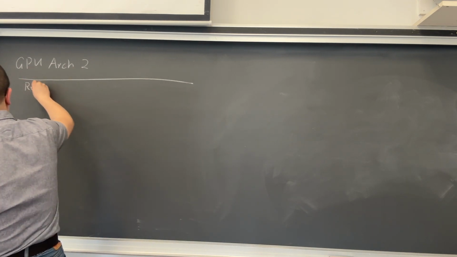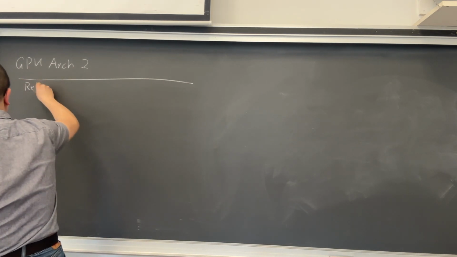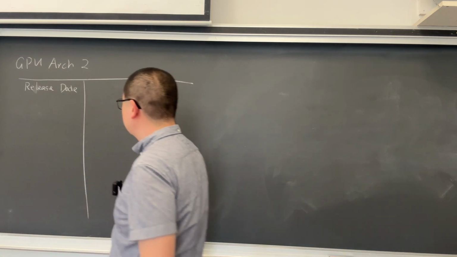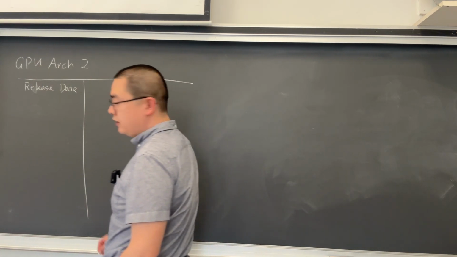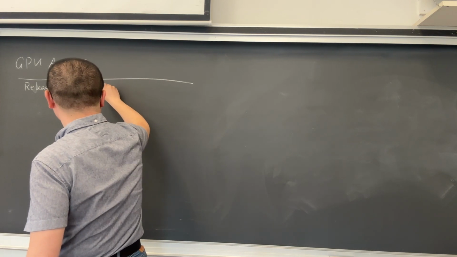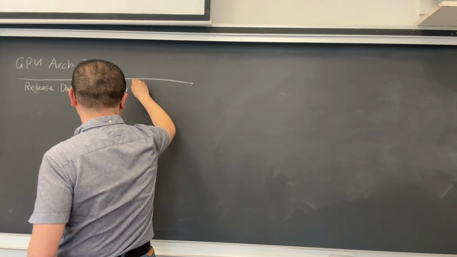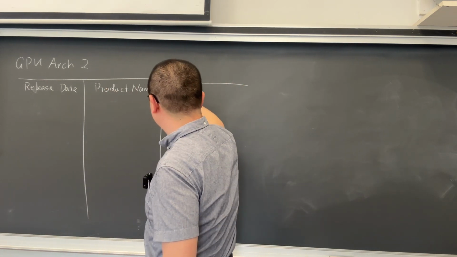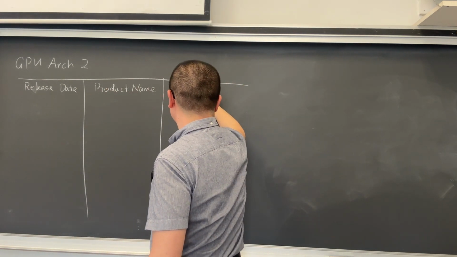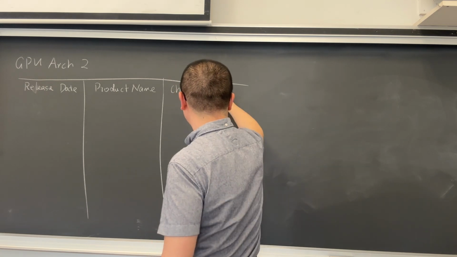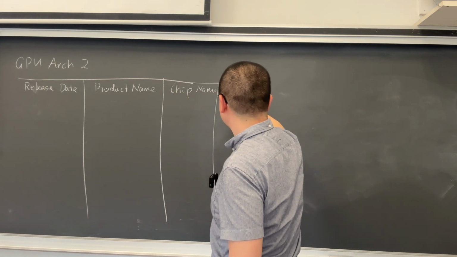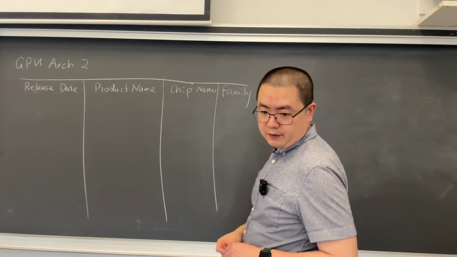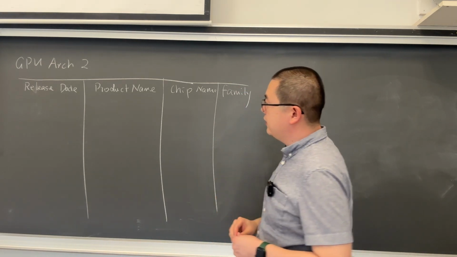We start with the release date, then the product name. After that, we have the chip name. And another thing is called family, or architecture.